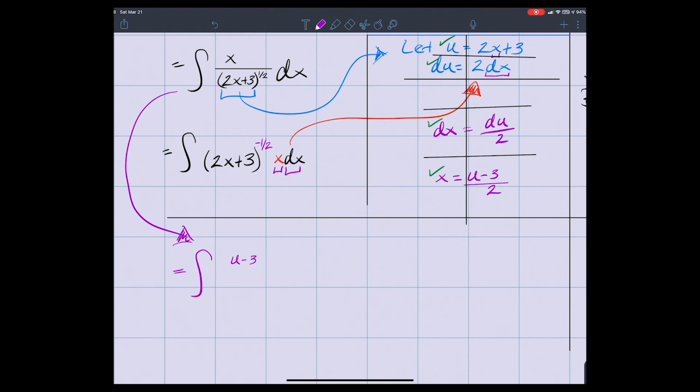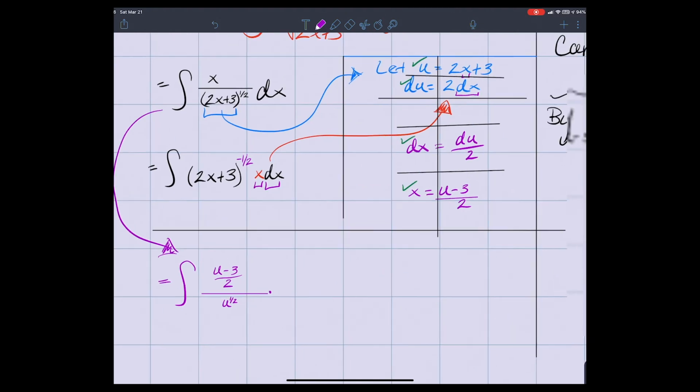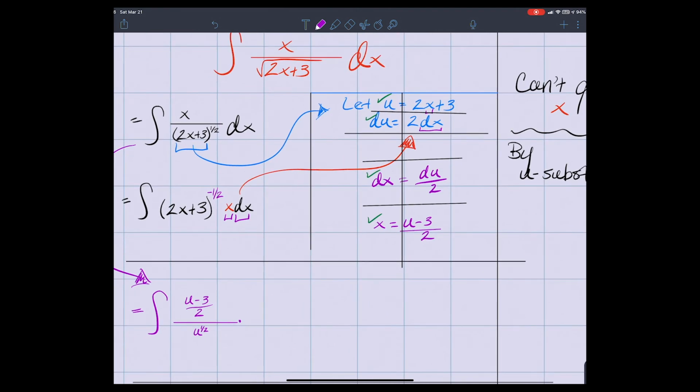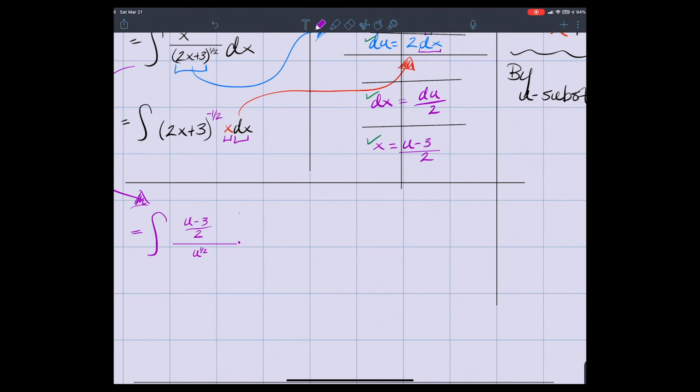U minus 3 over 2, and just start writing it. Here we go. Over u to the 1/2, because we let u equal 2x plus 3, and we know that dx is equal to du over 2.